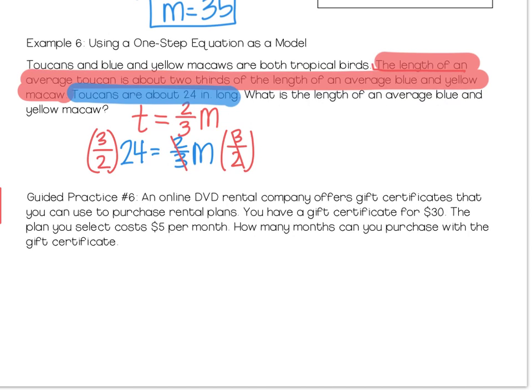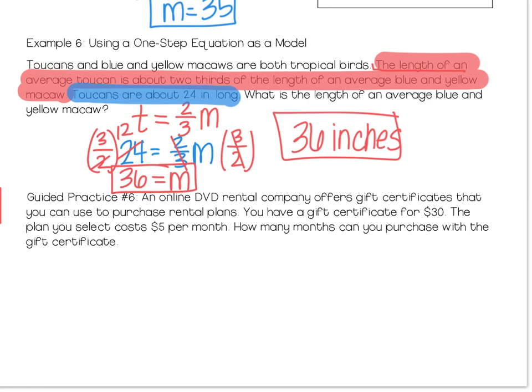Those are multiplicative inverses, which means I'm going to get 1. So they cancel. And then over here, the 2 can go into 24 12 times, and 3 times 12 is 36. So a macaw average length is going to be 36 inches. So my real answer would be 36 inches.